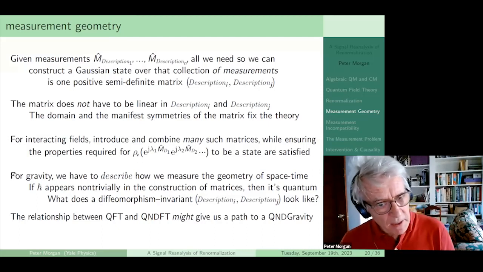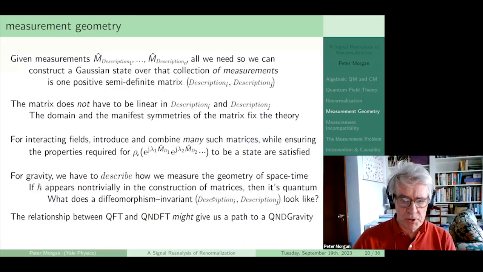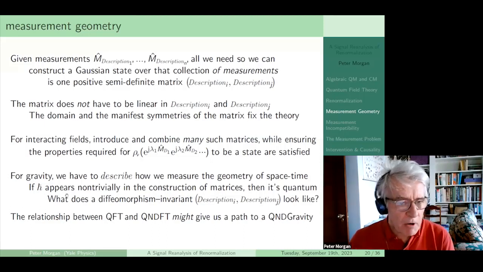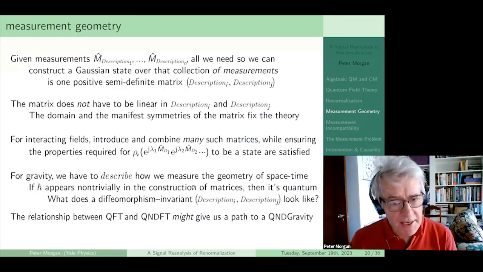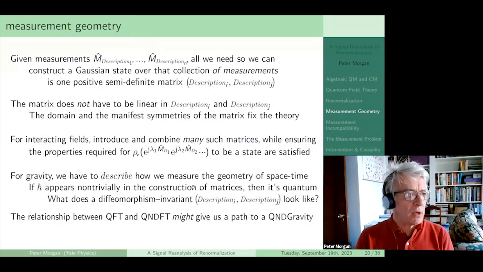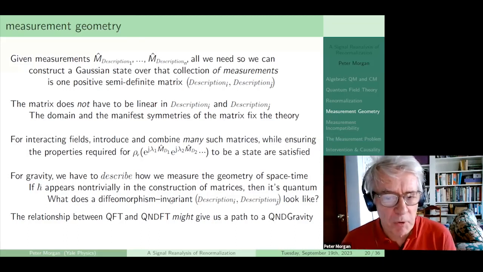Now, for gravity, we have to describe how we measure the geometry of spacetime. So we need descriptions to go into this matrix. And if h-bar appears non-trivially in the construction of the matrices, then it's quantum, I would say. And if it is locally Lorentz invariant instead of globally Lorentz invariant, then it's gravity. Very broad strokes. And I don't know what a diffeomorphism invariant structure of this kind looks like.